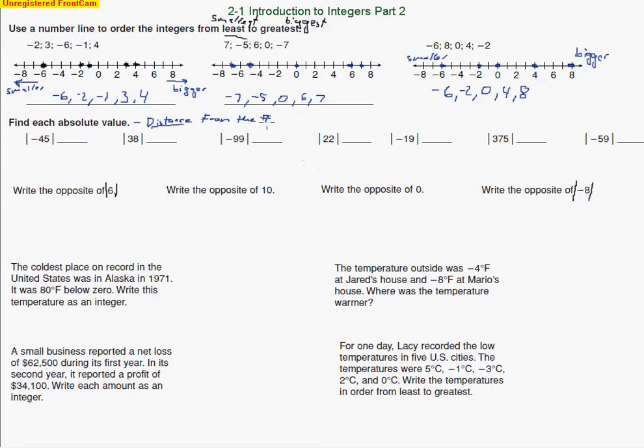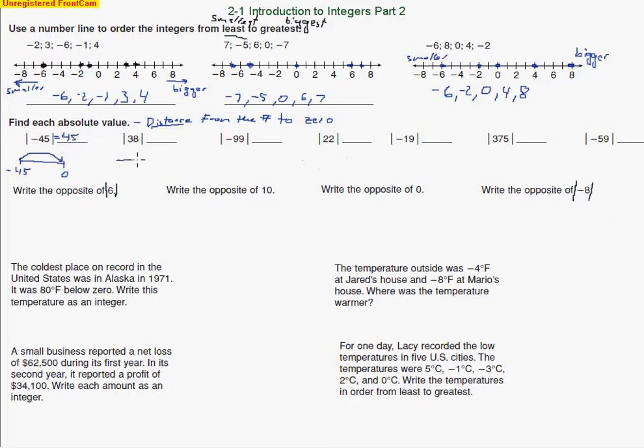So if you look at negative 45, what is the distance from negative 45 to 0? That's what they're asking. What is that distance? Well, that distance is 45. So it equals 45. It doesn't matter that this was a negative 45 or a positive 45. It's just asking how far it is from negative 45 to 0. And that distance is 45.